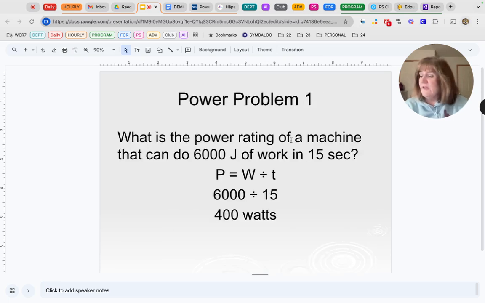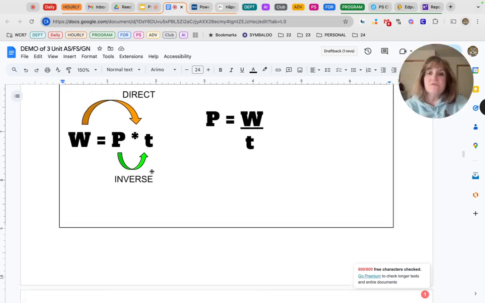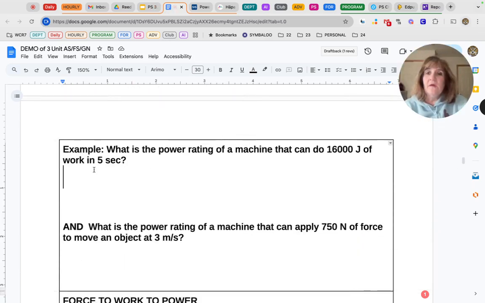So let's look at a problem in your notes. What is the power rating of a machine that can do 16,000 joules of work in 5 seconds? Remember, you're looking for the what is, or how, or calculate question. So we're looking for power.